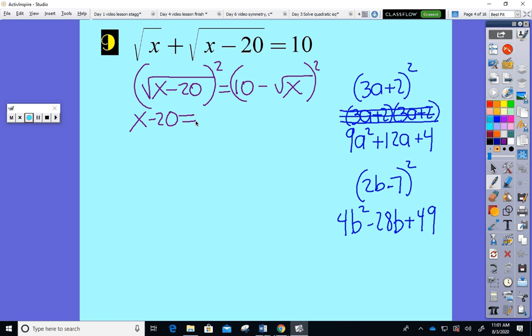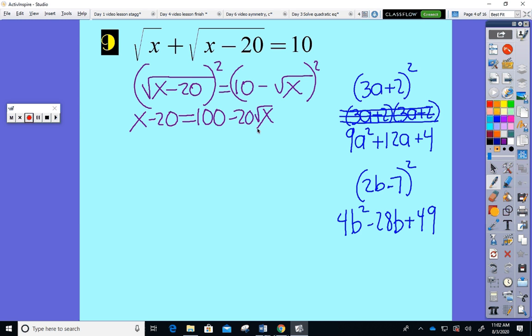So when I square the first term, what do I get? 100. Now, when I multiply first by second, I get negative 10 square root of x. Double it, and you'll get negative 20 square root of x. And then what do I get when I square the second term?